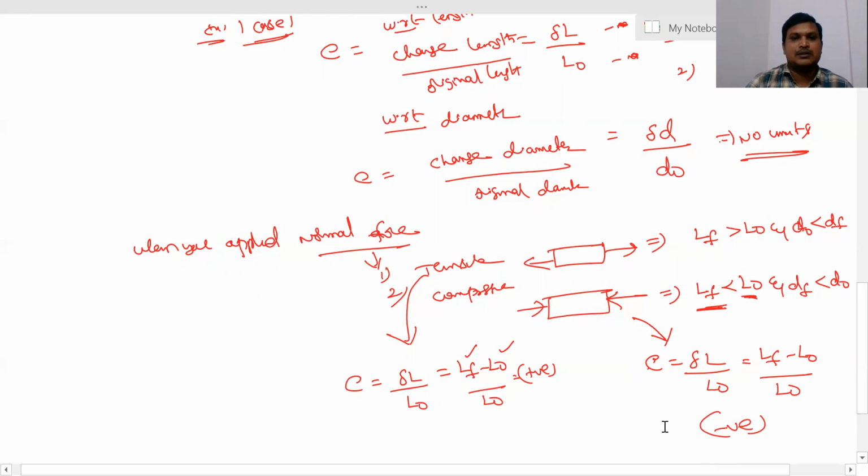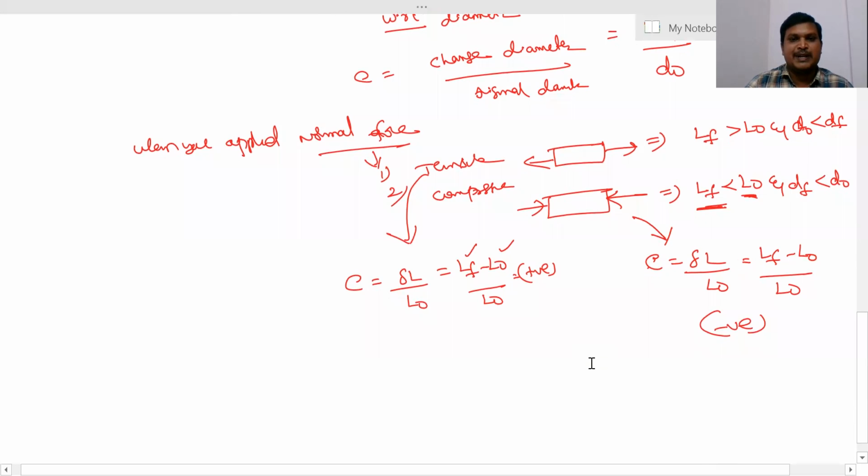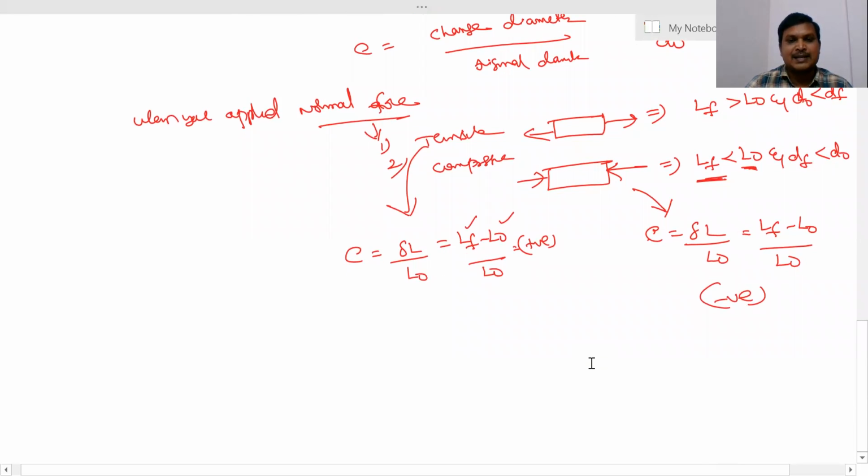Is it clear? So the normal force may be tensile or compressive. When you apply a tensile normal force, the strain will be positive. When you apply a compressive normal force, the result will be negative strain.